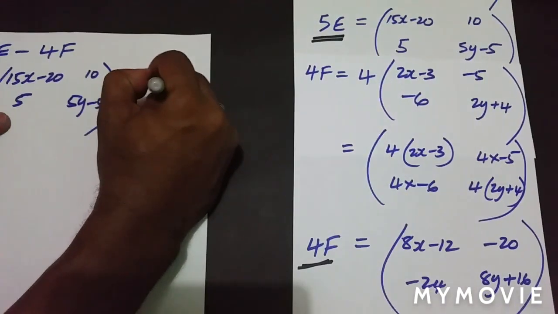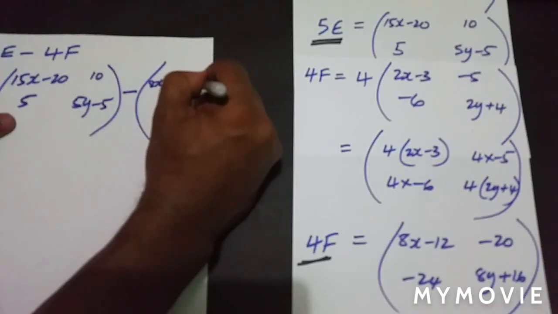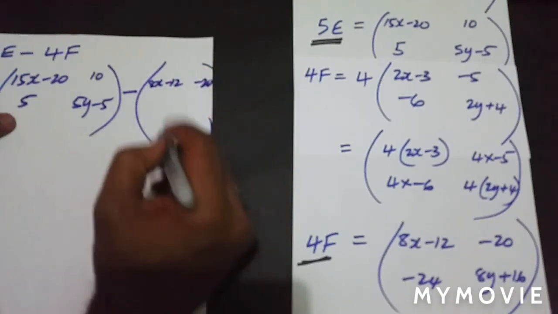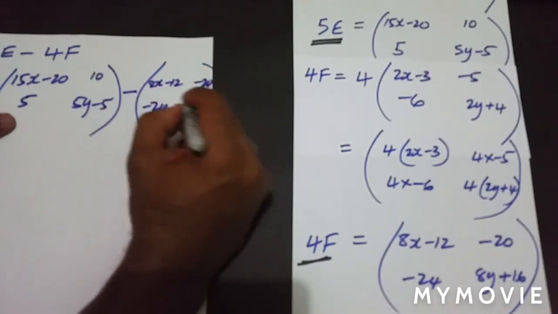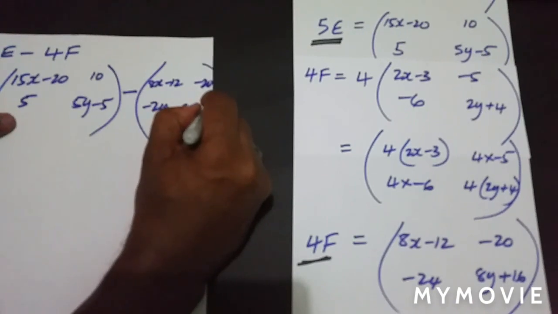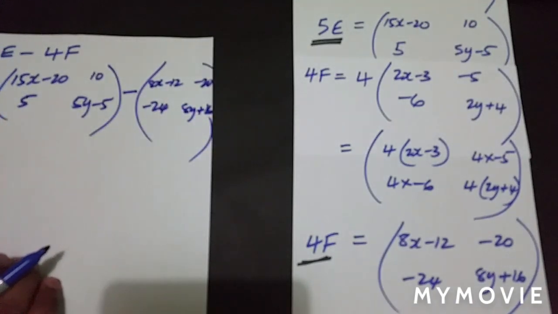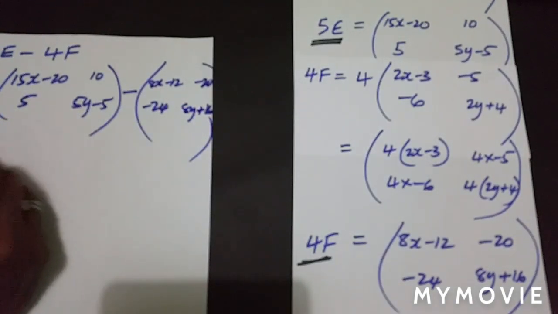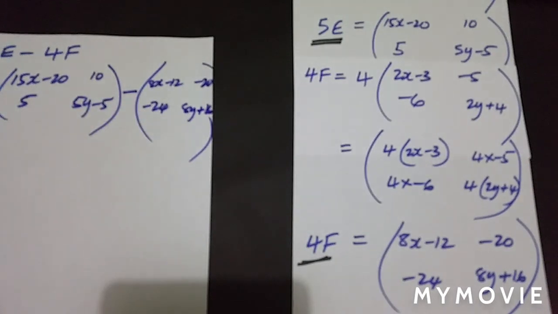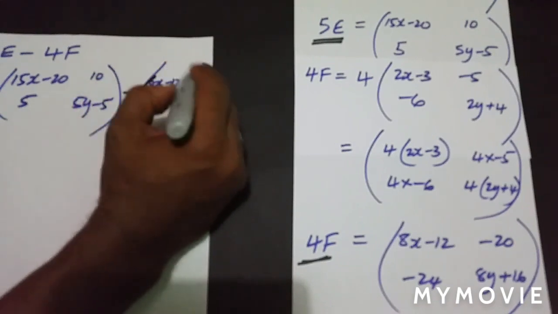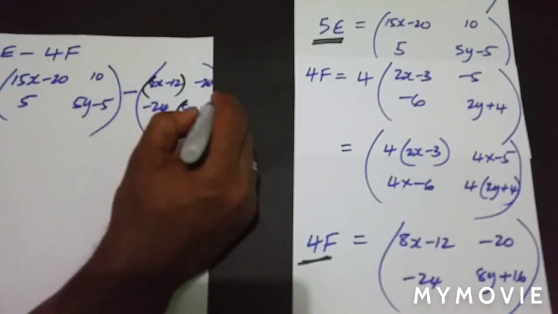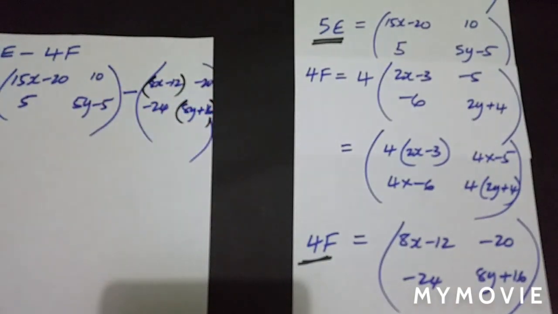So this would be 8x minus 12, minus 20, sorry about this gentlemen, remember the space issue, minus 24, 8y plus 16. Now remember that these need to be placed in bracket, the algebraic expressions, because it's a subtraction problem here. So we need to put those in brackets right away.